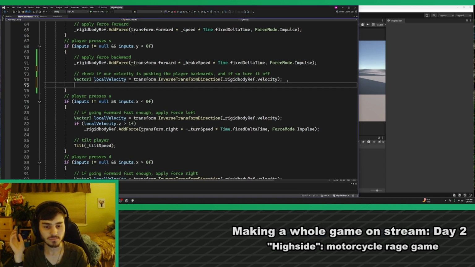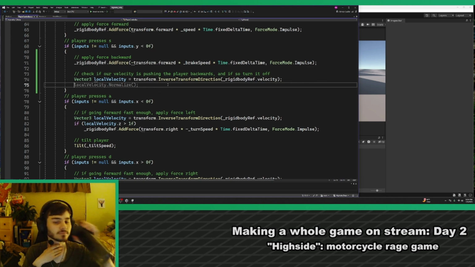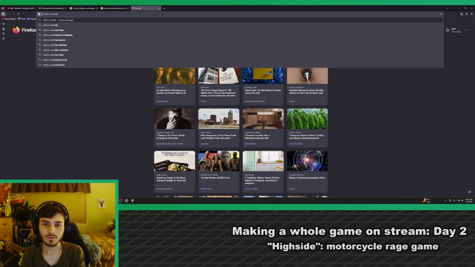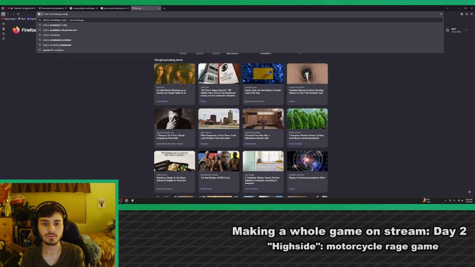So, I forget what normalizing does at times, often. Puts it into a value between 0 and 1, right? Is it absolutely? I don't remember. But let's look it up. Let's learn some stuff. What is normalize in Unity?